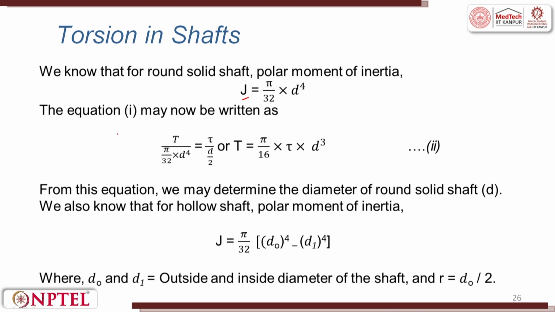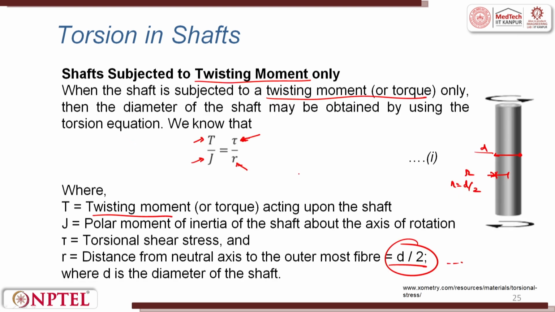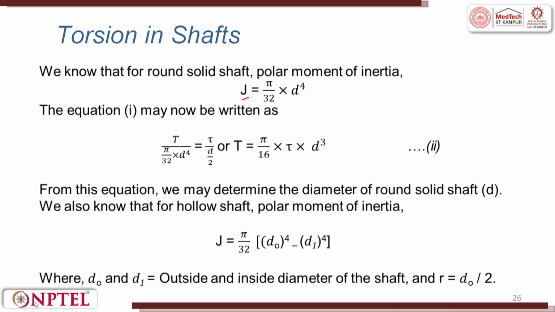So now equation 1 could be rewritten as tau by J, where J is pi by 32 d power 4, and we put R as d by 2.